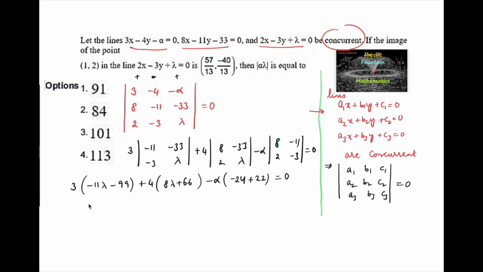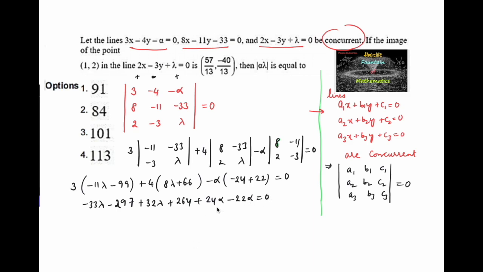So here we can also write it as minus 33 lambda, and here it is minus 297, and again plus 32 lambda, and here plus 264, plus 24 alpha, and again minus 22 alpha is equal to 0.